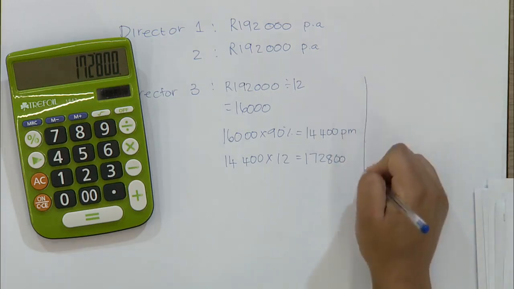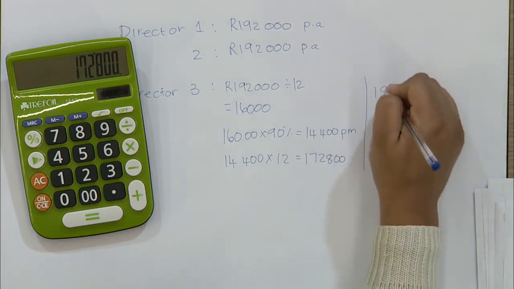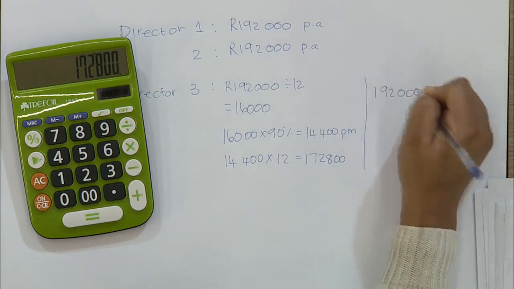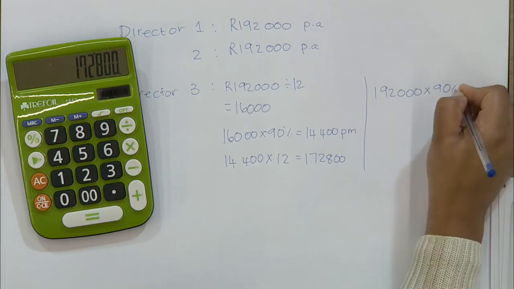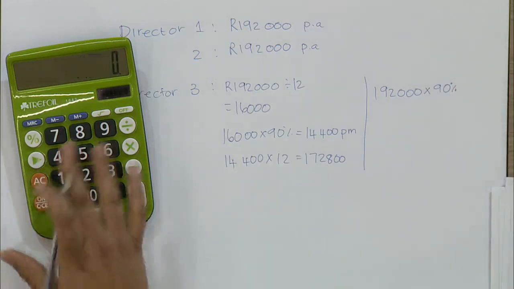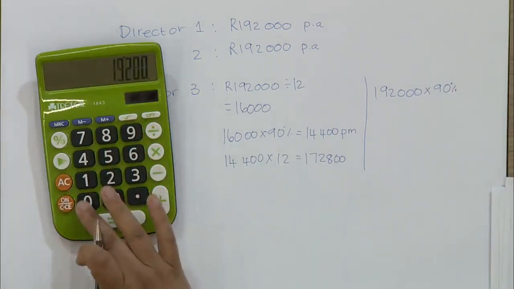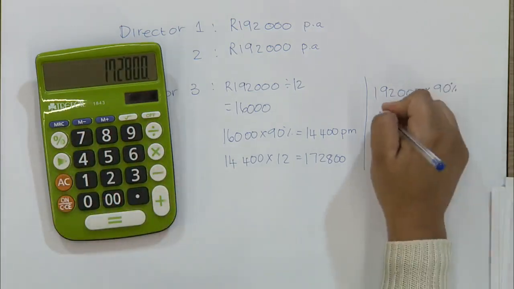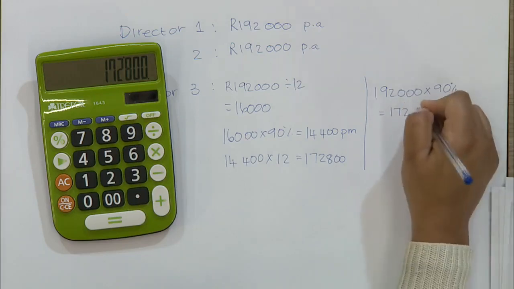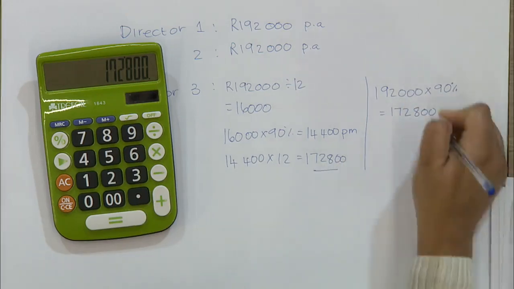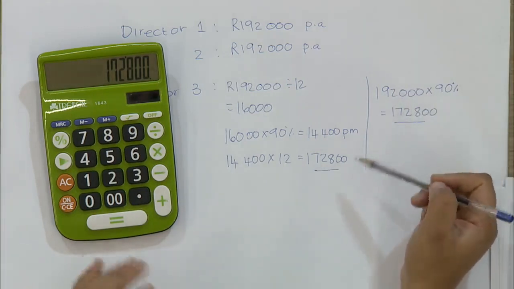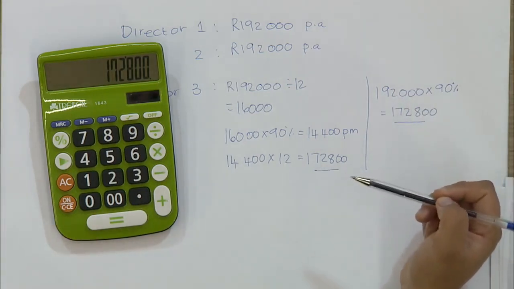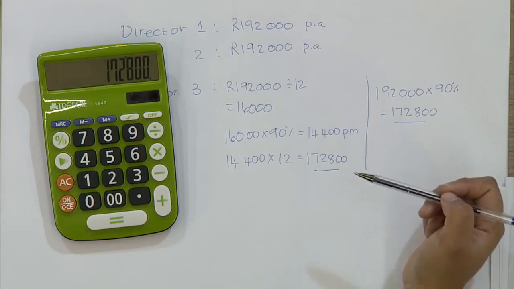Another way we can do it is 192,000 times 90%, which is also 172,800. Same thing. So this is the annual value of our director.